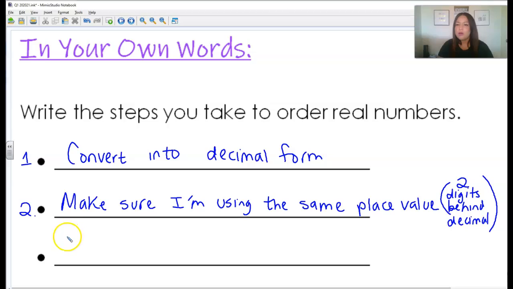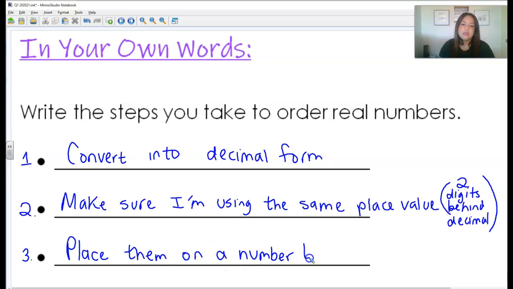Once I have them all in decimal and they all have 2 digits behind the decimal, then I'm ready to place them on a number line, okay? Now, if I was doing this precisely, this would take me forever, right?